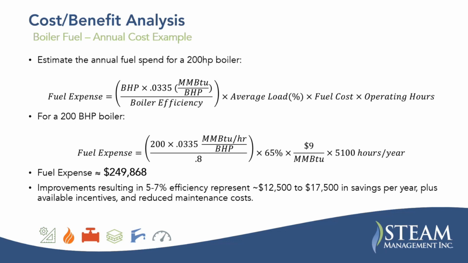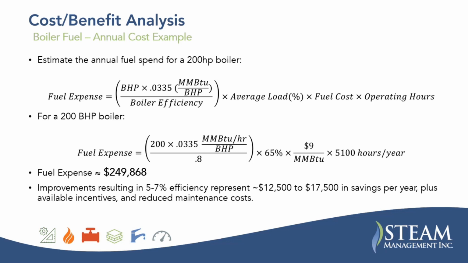65% loading. This is a heating application, so we're talking about 5,100 hours per year, $9 per 1,000,000 BTU. There's about 10 therms per 1,000,000 BTU, so we're talking about 90 cents per therm, which is a pretty typical cost, maybe for New England. So you have a fuel expense of $250,000.